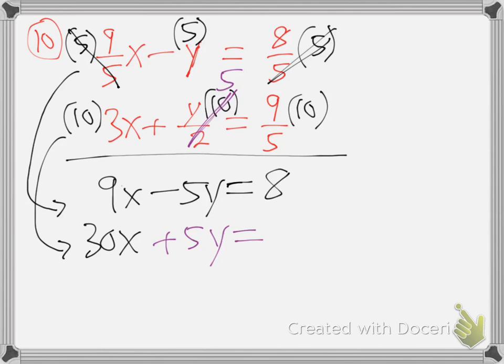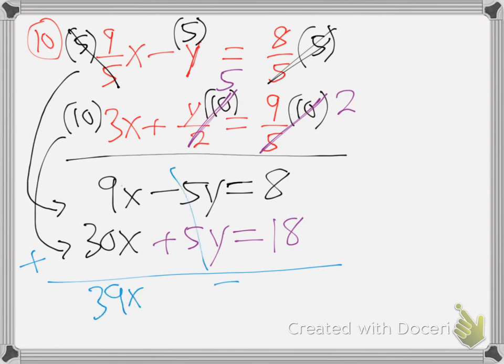What's going to happen on the other side? Same thing. Take it out. That's why we're doing it. We want to take it out. And then 2 times 9, 18. The leftovers multiply, don't they? Do you see that? Right, good. 39x, the y's cancel.